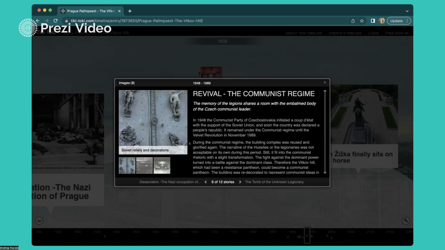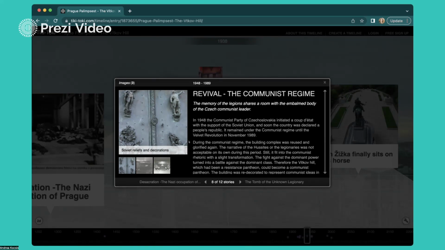Although the memory of the legionaries was not acceptable during the communist period in Prague, the rhetoric of this building gave a way into reusing it according to communist ideologies.